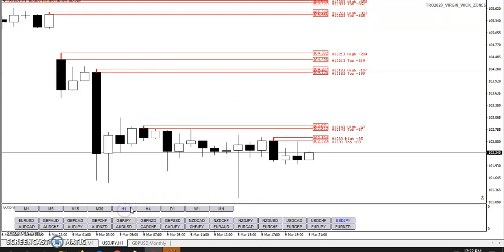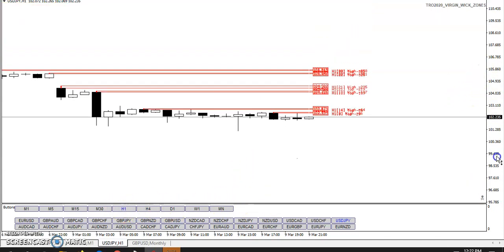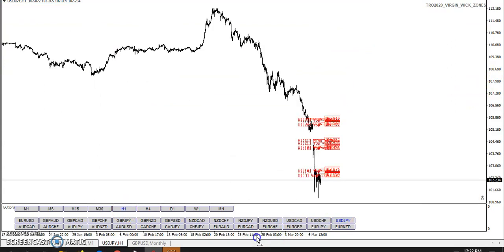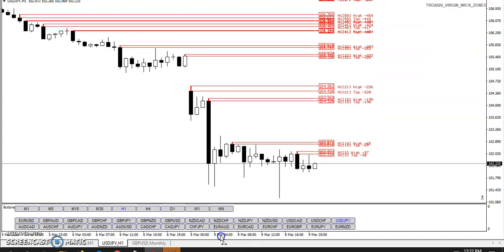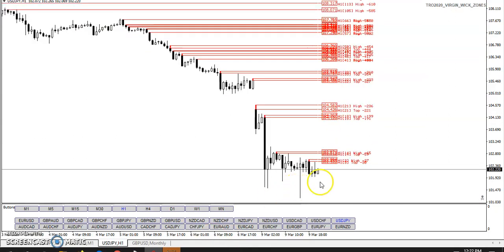And then you can go all the way down to the hour. Once again, scrunching in, and there's none to be had. There's not enough. I can't go back far enough. But you can see here, we just barely dipped into these because this was a virgin wick before this happened. You see?